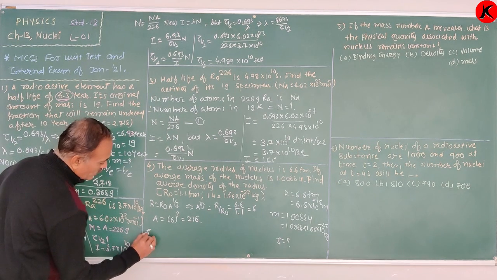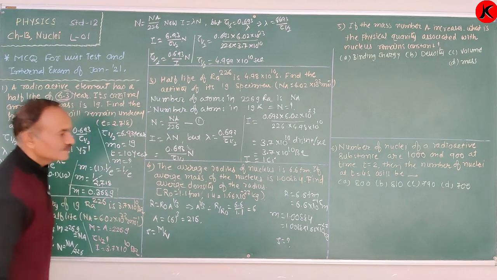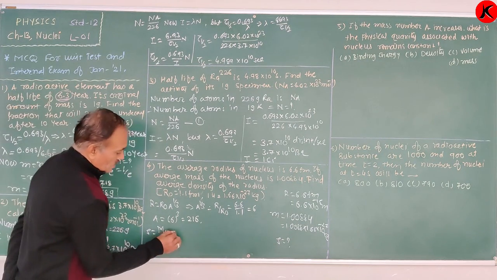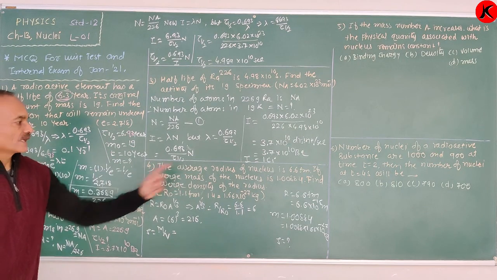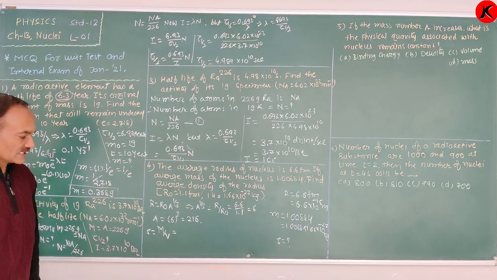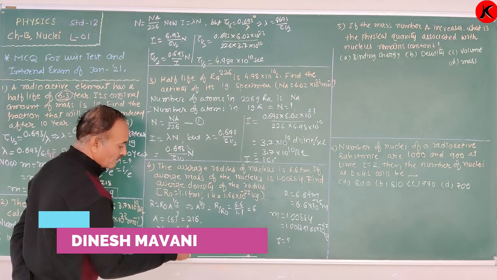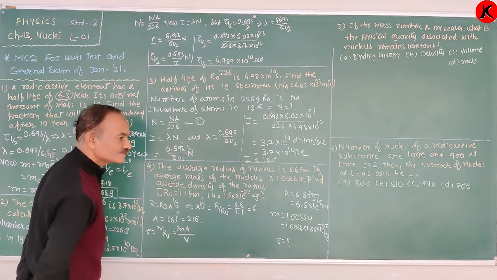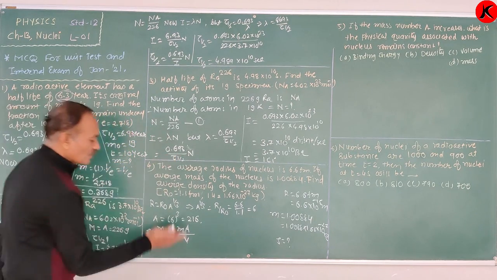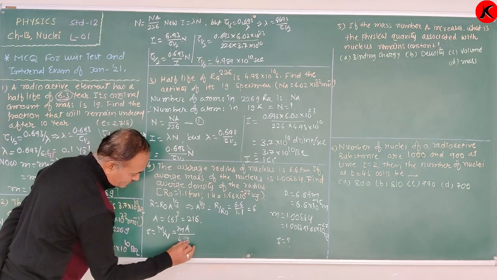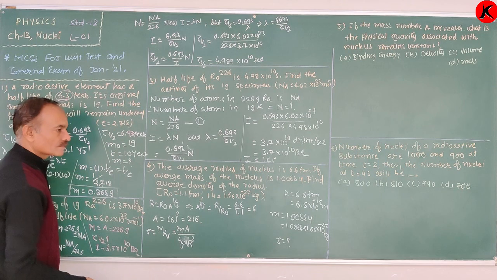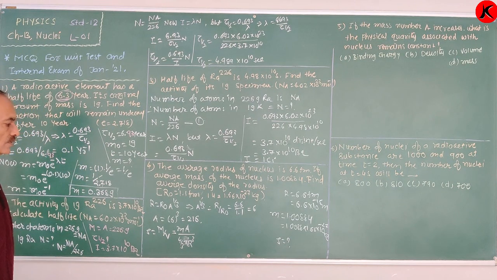Now, density rho is equal to mass per volume. Total mass of a given substance for the nucleus is equal to the mass of one nucleus into the number of nuclei, upon volume V. V is equal to 4 by 3 pi r cube. Now we substitute all the values. R is already given.